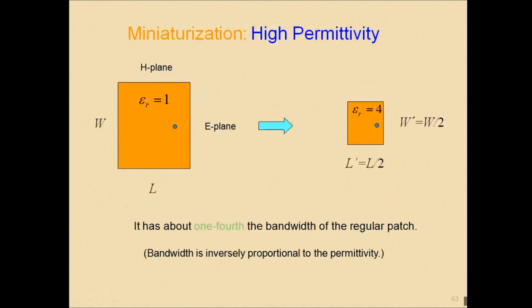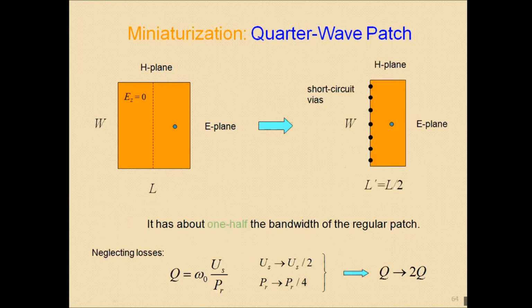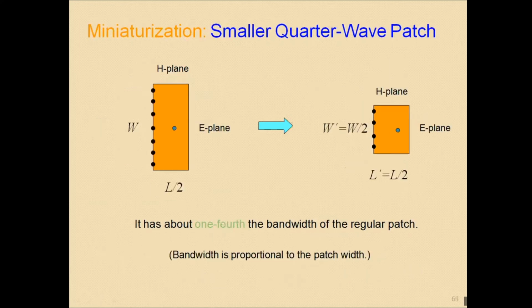So I'll show you what its miniaturization is. The size can be reduced by increasing the dielectric permittivity. Here epsilon r is equal to 1 and here epsilon r is equal to 4. The size would be reduced, like W is changed to W by 2, L is changed to L divided by 2, right? Half of the shape is reduced. A quarter wave patch, a small quarter wave patch.